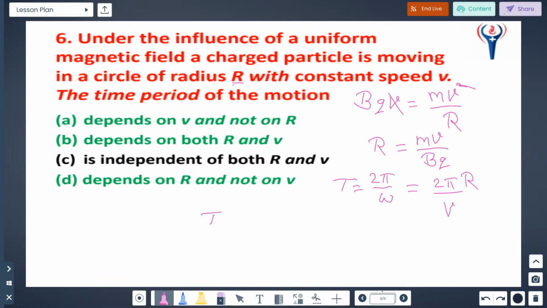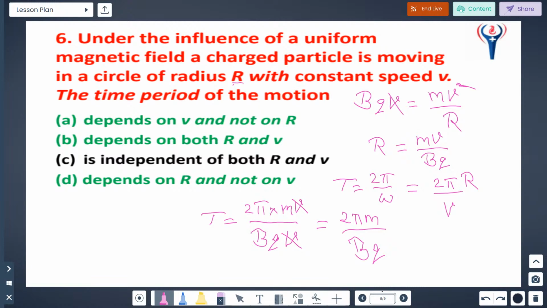Then T equals 2 pi into MV by BQ into 1 by V. Here this V gets cancelled. Then T equals 2 pi m by BQ.